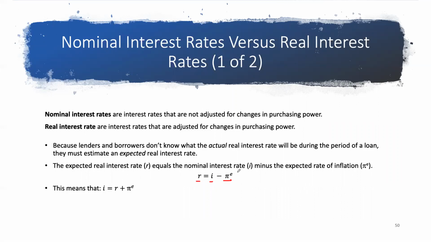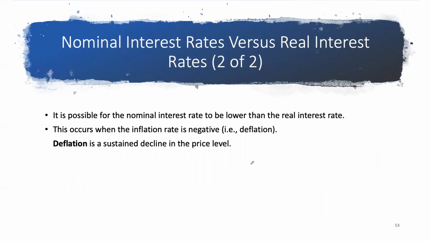But in periods of deflation where prices are actually falling, the inflation term is negative, so negative times negative is just going to be positive. So when you have deflation, the nominal interest rate can be lower than the real interest rate.